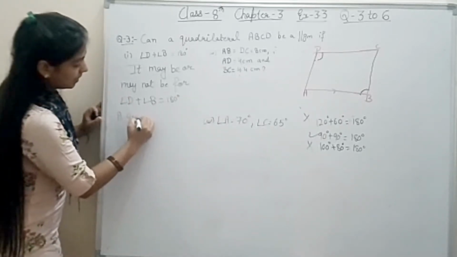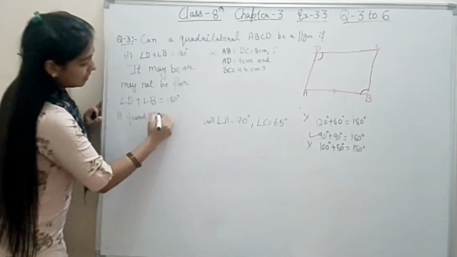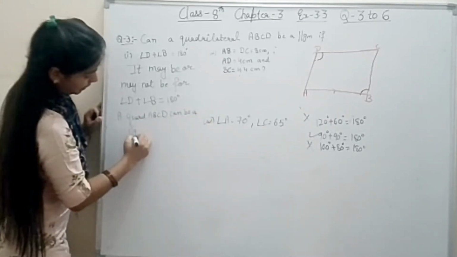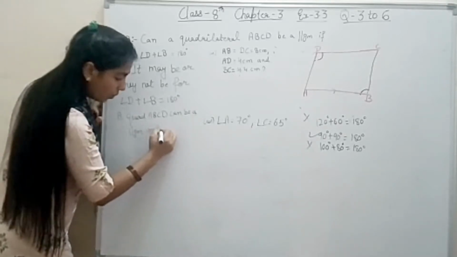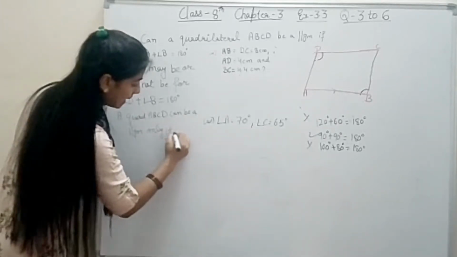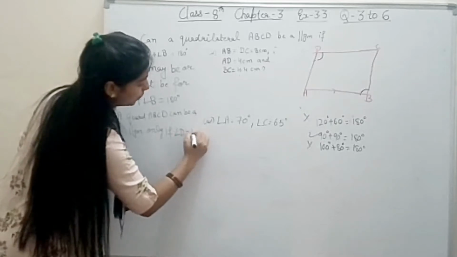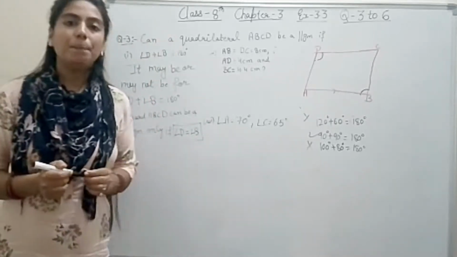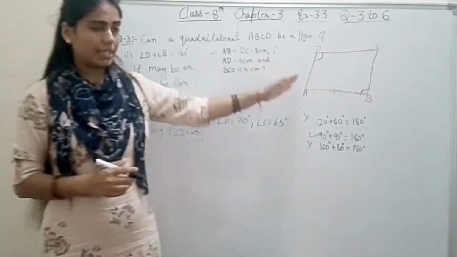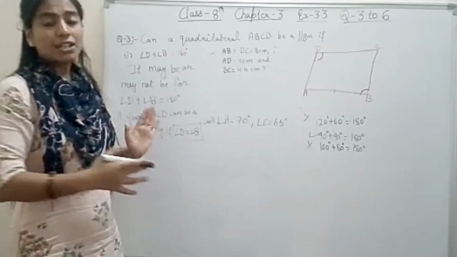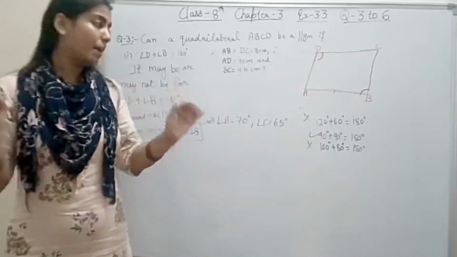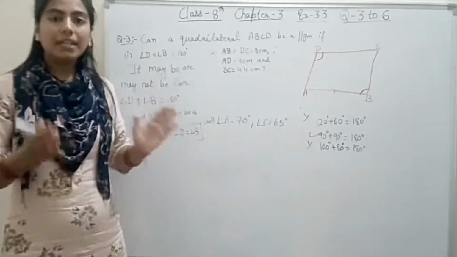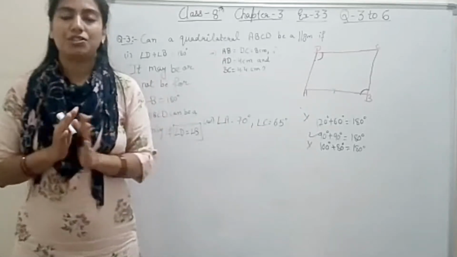A quadrilateral ABCD can be a parallelogram only तभी होगा if angle D should be equal to angle B. Then only a quadrilateral can be a parallelogram. मतलब जो हमने किया है उसे theoretical way में लिख दिया है. So बेटा there is no any hard and fast rule कि आपको ऐसा ही लिखना है. आपको जैसा समझ में आए you can write down, but condition जो है वो clear होनी चाहिए.